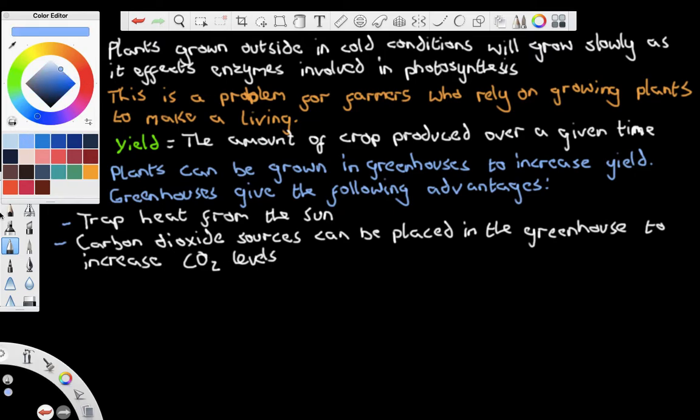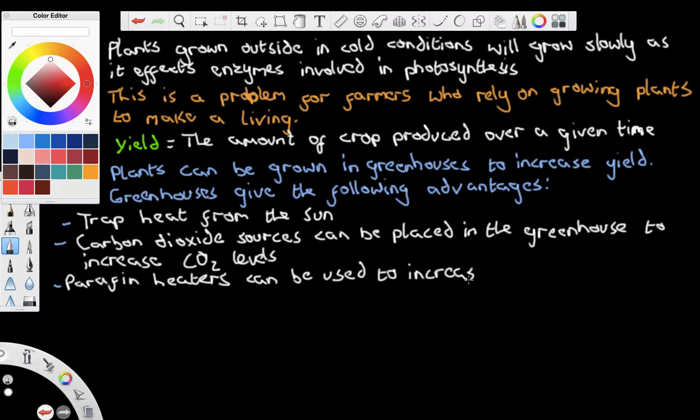Another advantage, and there is quite a few, is that paraffin heaters can be used to increase both temperature and CO2 levels.